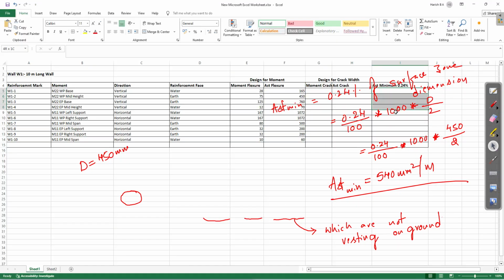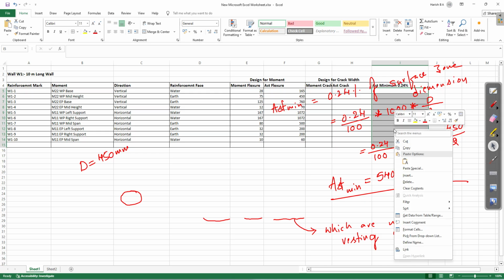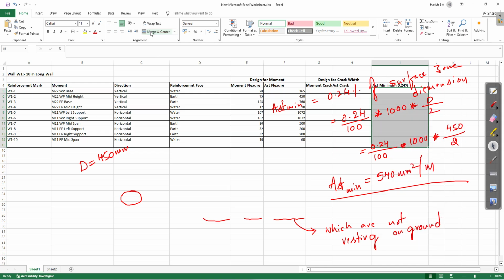Here I will select all the rows and go to merge and center.